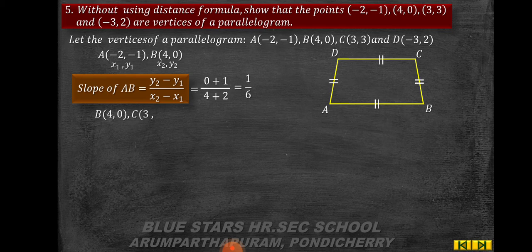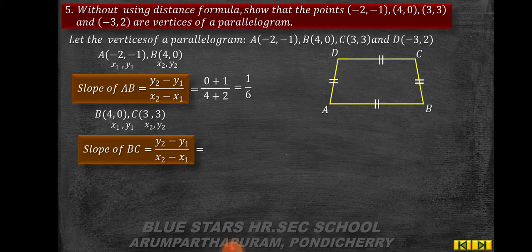Then we are taking the points B and C. B(4, 0) and C(3, 3). So slope of BC is equal to y2 - y1 divided by x2 - x1. The value of y2 is 3 minus y1, sorry, y1 is 0, divided by the value of x2 is 3 minus the value of x1 is 4, which is equal to 3 divided by 3 - 4 is -1, which is equal to -3.